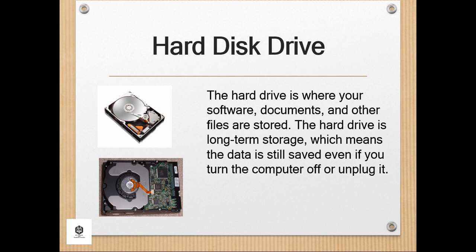When you run a program or open a file, the computer copies some of the data from the hard drive onto the RAM. When you save a file, the data is copied back to the hard drive. The faster the hard drive, the faster your computer can start up and load programs.